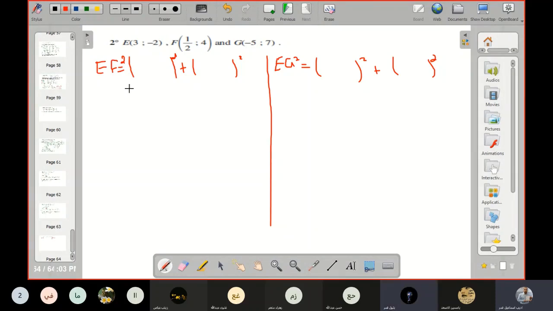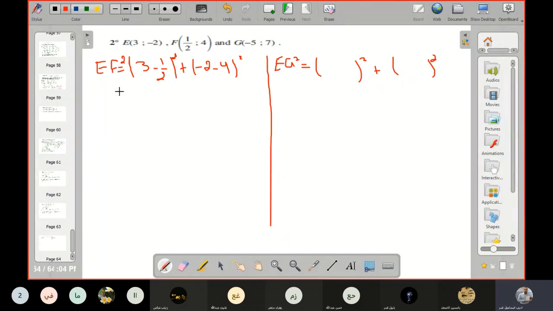Batoul, start with the formula: XE minus XF, all squared, plus YE minus YF, all squared. XE is 3 minus minus 1 over 2, and YE is minus 2 minus YF which is 4.